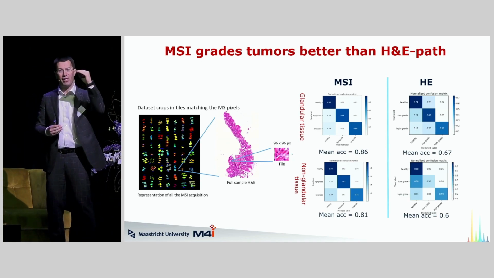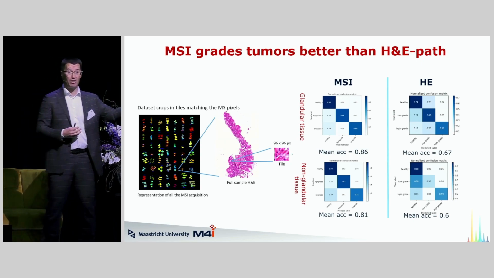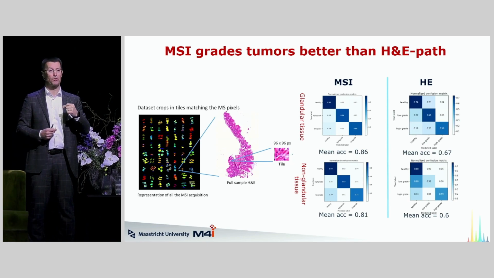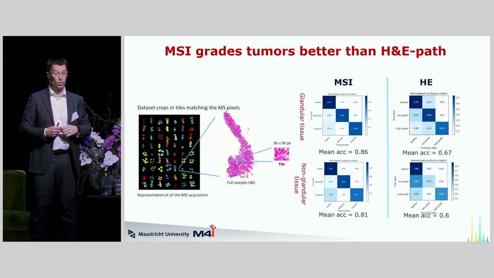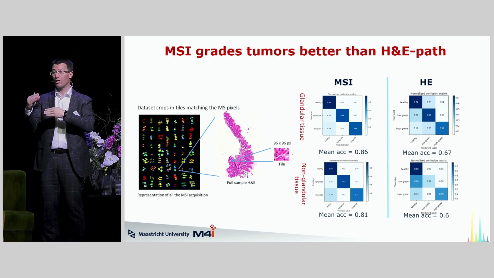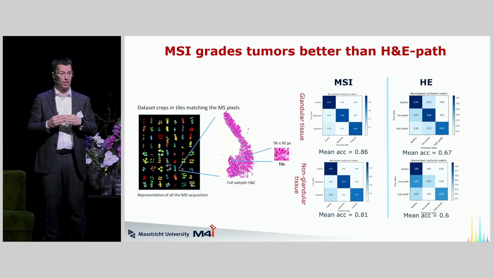Now, if we augment that morphological information with molecular information, we find out that our diagnostics becomes 20% more precise. So in other words, by adding information, we're making our diagnostics and our treatment decisions more precise.